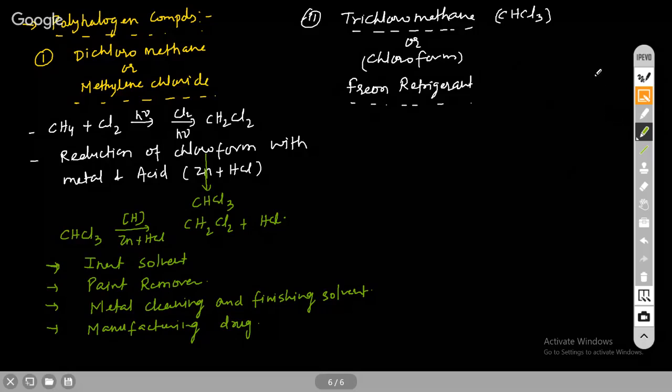Freon refrigerant, which we also write as F22. And the molecular formula is C2F2Cl4.